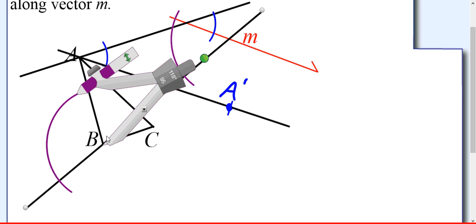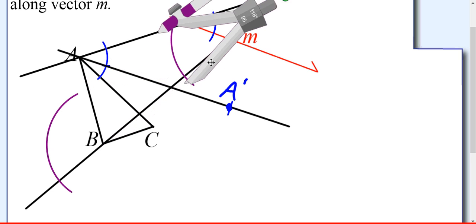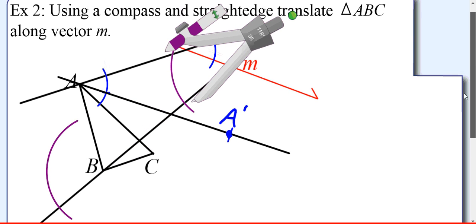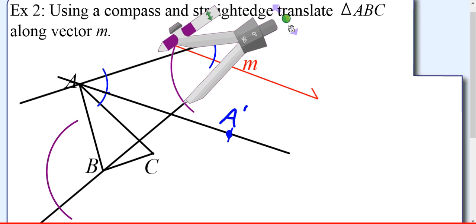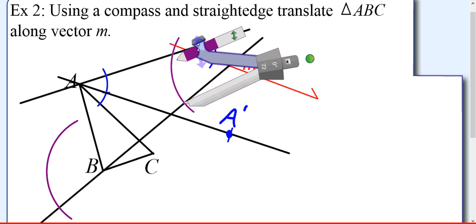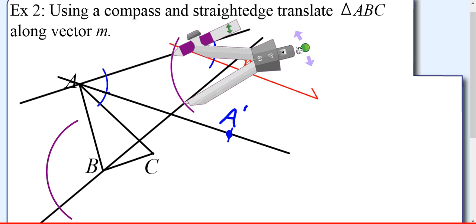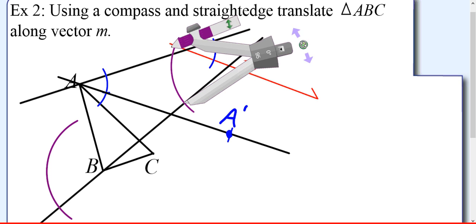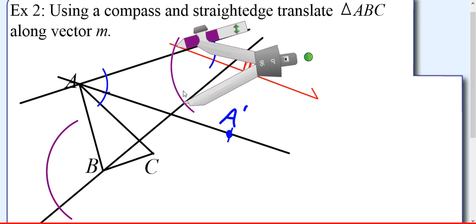Now we're measuring the purple arc. There's the length of the purple arc. We want to measure it from the transversal to the red line that we're trying to make parallel.